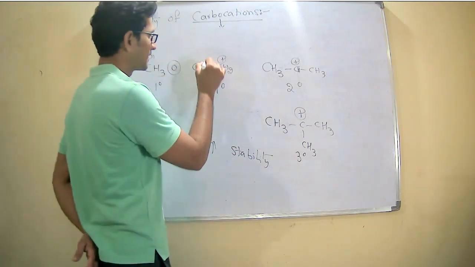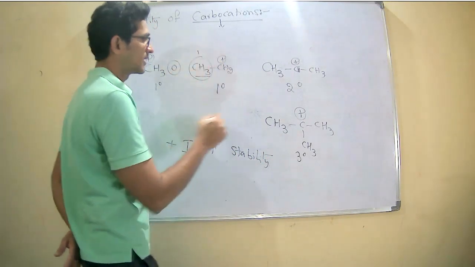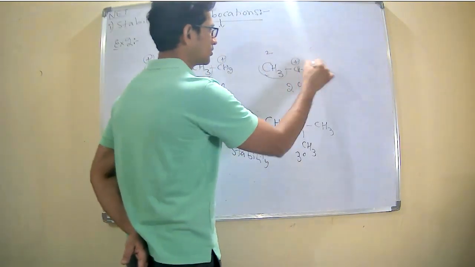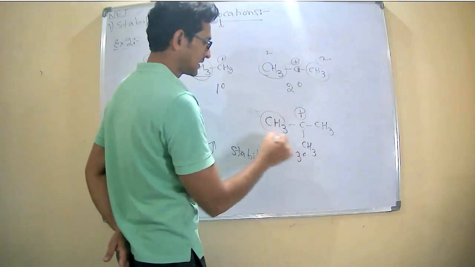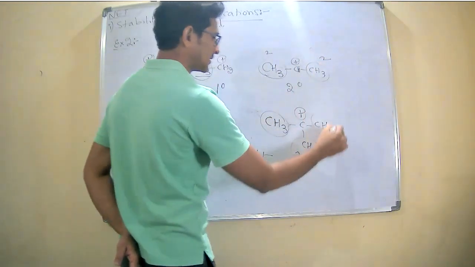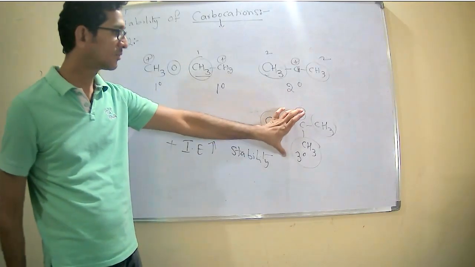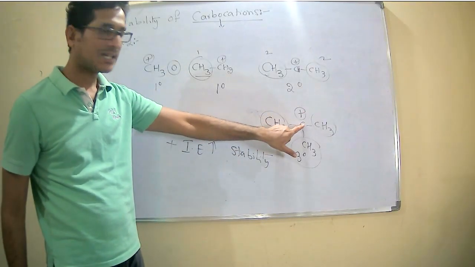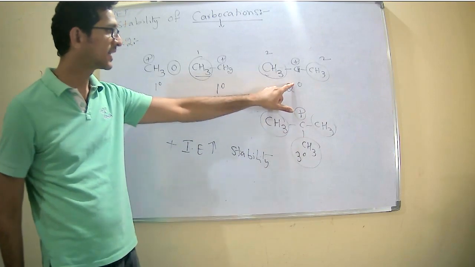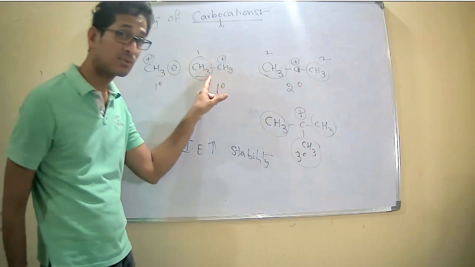Here, it contains 1. Here, 2. In this case, we have 3 plus inductive effect groups in the tertiary. Therefore, the tertiary carbocation is more stable than the secondary, and the secondary carbocation is more stable than the primary.